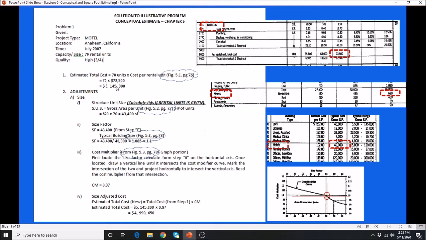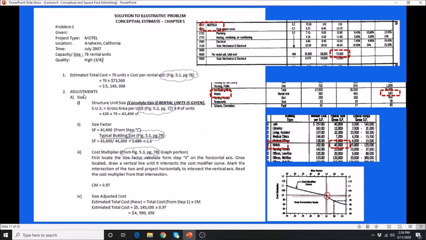And that will give you the initial cost of 5,145,000. All right, that is the national average. Because it is a national average, it is subject to adjustment based on the size, the locations, and the time.